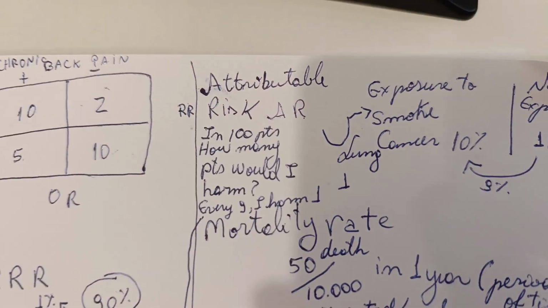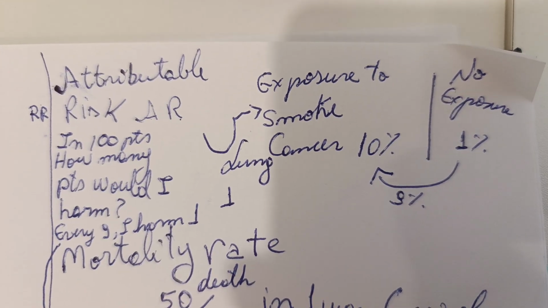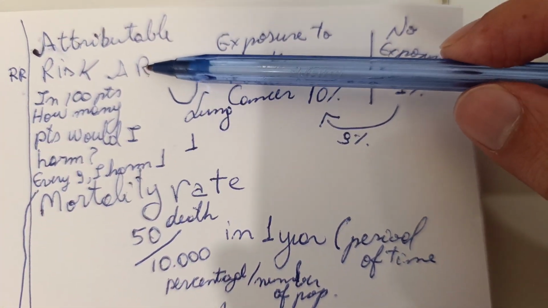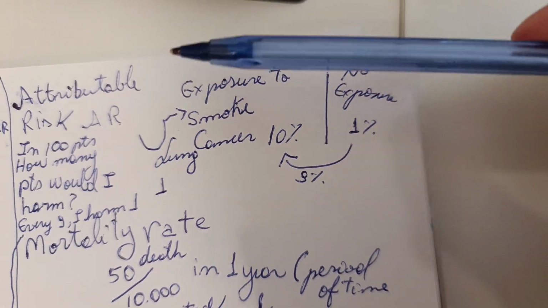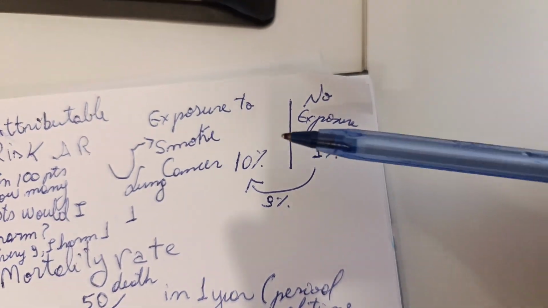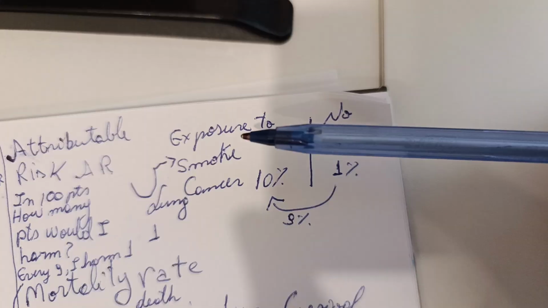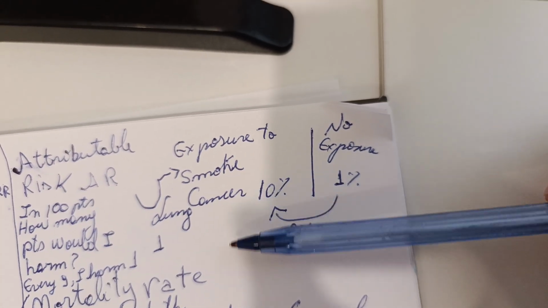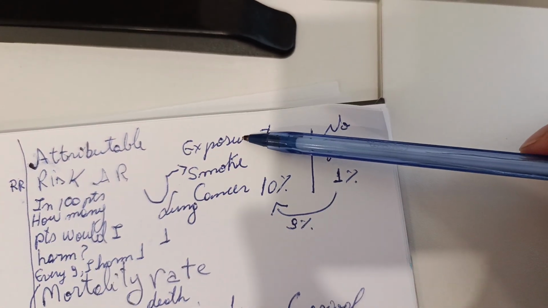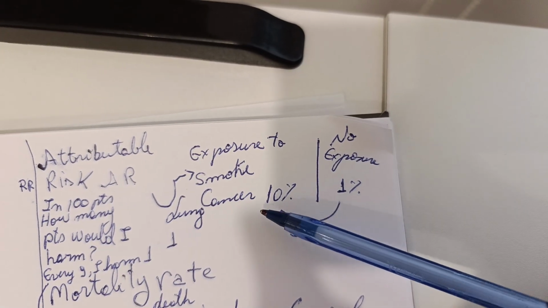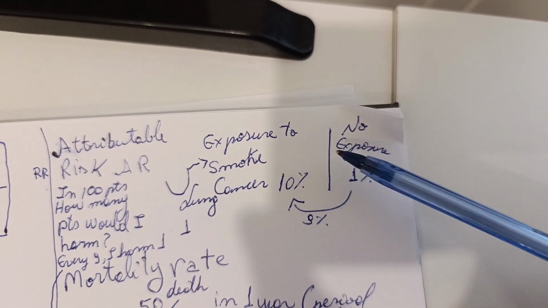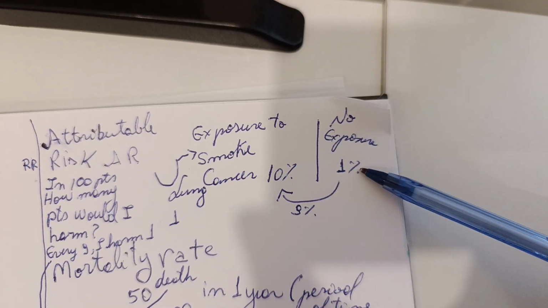So attributable risk, AR, is kind of confusing because you think it's a relationship, but it's not. So let's say we have exposure to smoke, and 10% of people that smoke develop lung cancer, and with no exposure, 1.